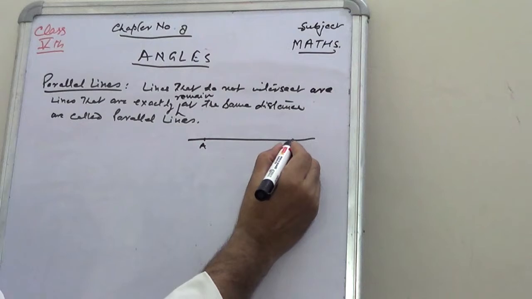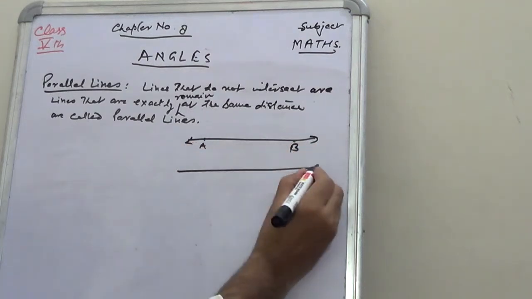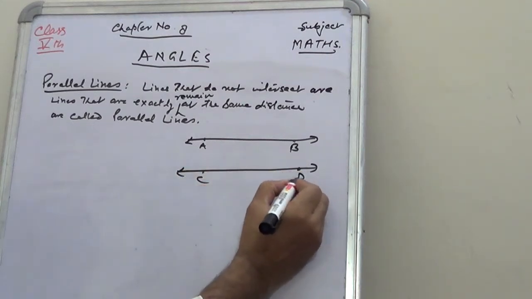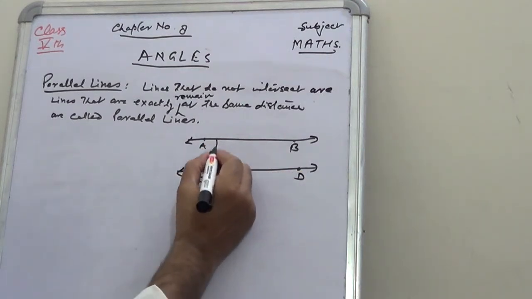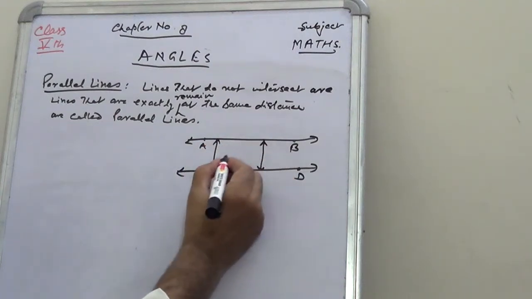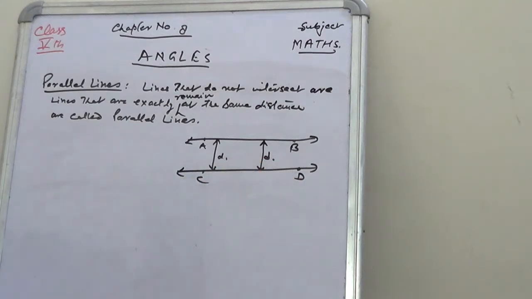This is line AB, this is line CD. They are equidistant to each other, same distance, and they are not likely to meet in future also. They are called parallel lines.